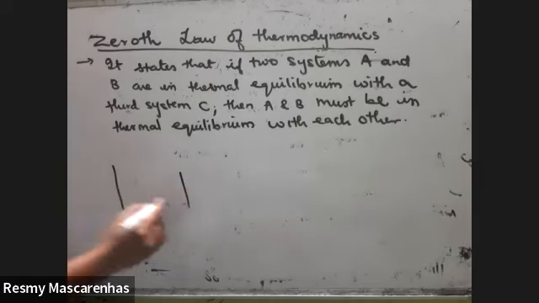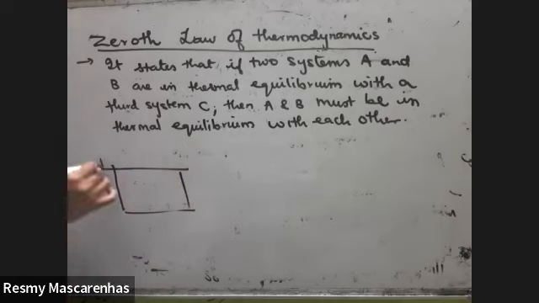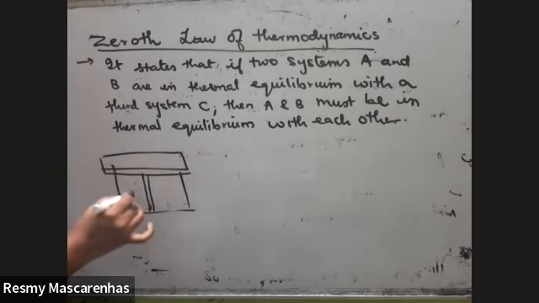What we do is, first of all, A and B. Consider this. And this fellow is C now. Imagine first we are putting all adiabatic only. Consider this whole thing is adiabatic wall.